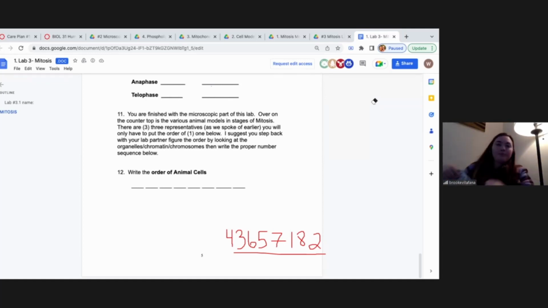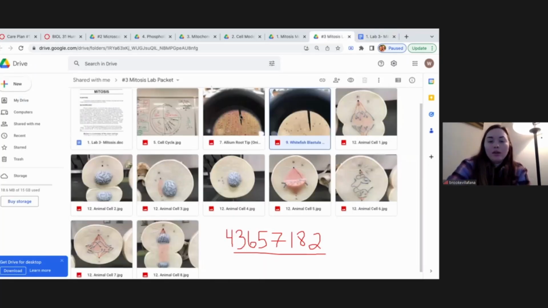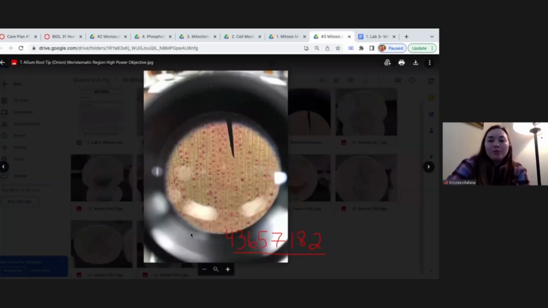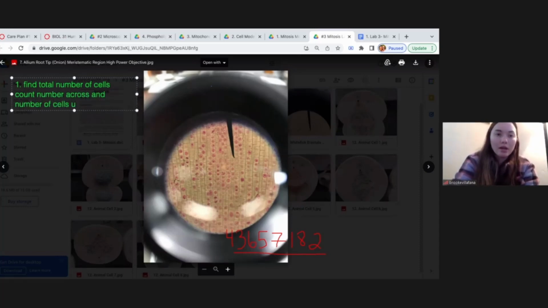Okay. All right, so let's try to do percentages really quickly so you guys can finish that packet out. If I'm doing percentages, the first thing I want to find is the total number of cells. So what we do is count the number of cells across and the number of cells vertically, up and down, and multiply.